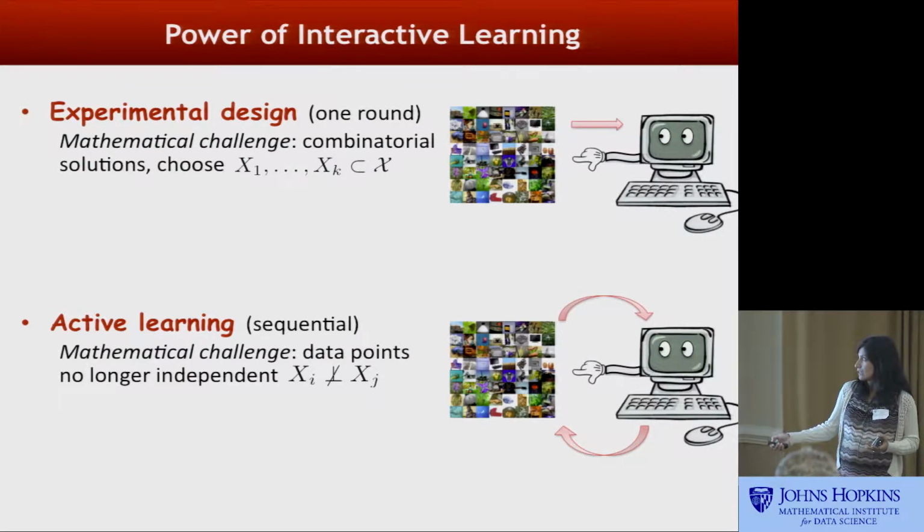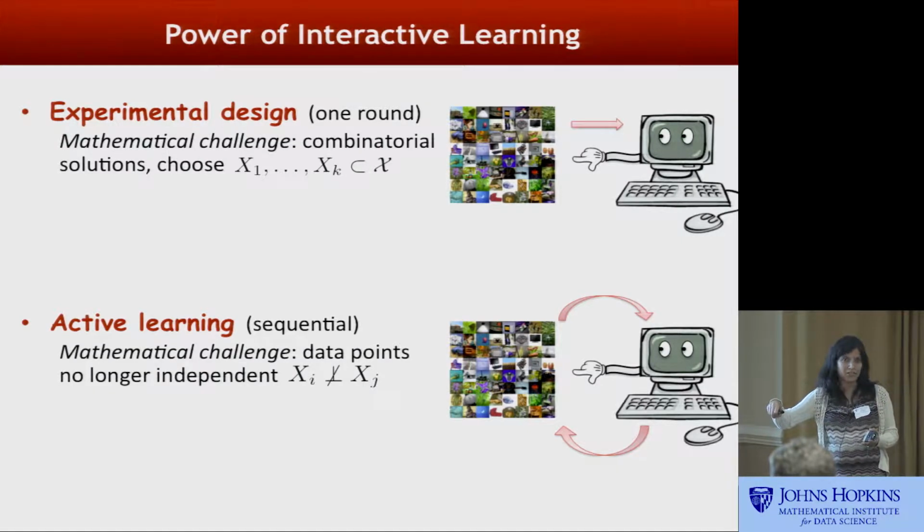The second is active learning, which is a sequential version of this, where a data point is presented, the algorithm decides whether it needs to query the label or not, and then based on what it learns from that label, it decides which is the next data point to collect a label for. So it's done in a sequential manner, and the key challenge here, as you can see, is that our data points are no longer independent, right?